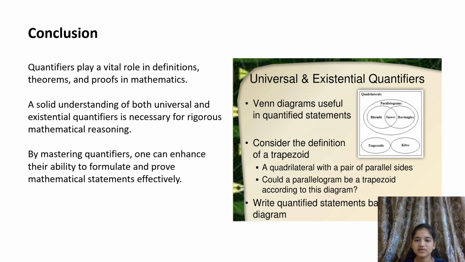So for these two quantifiers, Venn diagrams are useful in quantified statements. If we consider the definition of a trapezoid, a quadrilateral with a pair of parallel sides, could a parallelogram be quantified as a trapezoid? These two are the important types of the quantifiers.